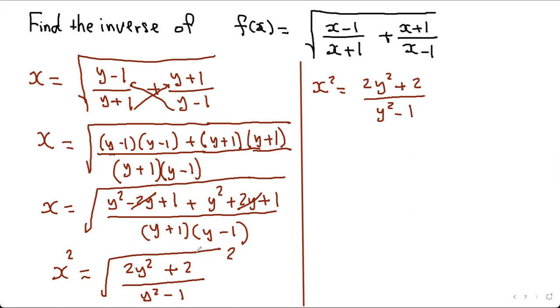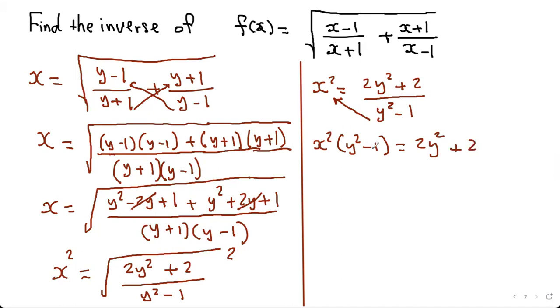The square will cancel the square root on this side, and here we just squared the x and got x squared. I'm going to cross multiply the y squared minus 1 into the x squared. So it's going to be x squared times y squared minus 1 equals 2y squared plus 2.